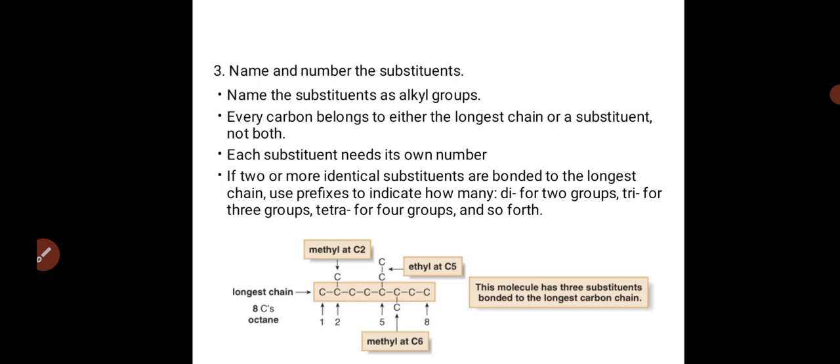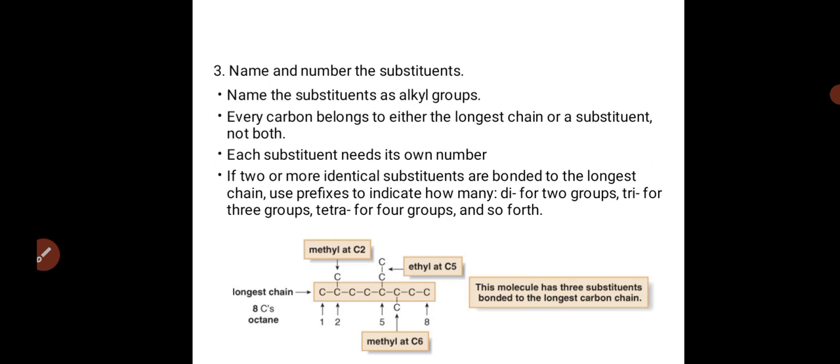So now look at this one. We have methyl at carbon 2, we have methyl at carbon 6, and we have ethyl at carbon 5. So we give them their own number, and the longest carbon chain is octane. So you can simply name this. You can say 2 methyl, because at carbon 2 we have methyl. Because you have methyl at both, you cannot say 2 and 6 separately.